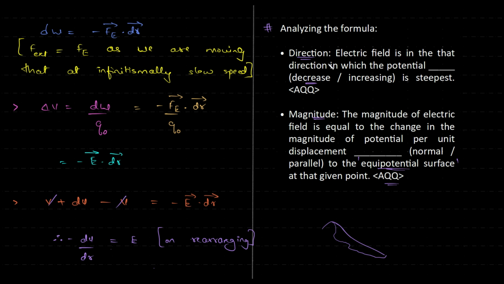Or we can say it will be pointing in the direction of the steepest decrease in potential energy, or it will be opposite to the steepest increase. I hope I didn't confuse you guys. So if it's increasing, the electrical field is opposite. If it's decreasing, the electrical field is in that direction.